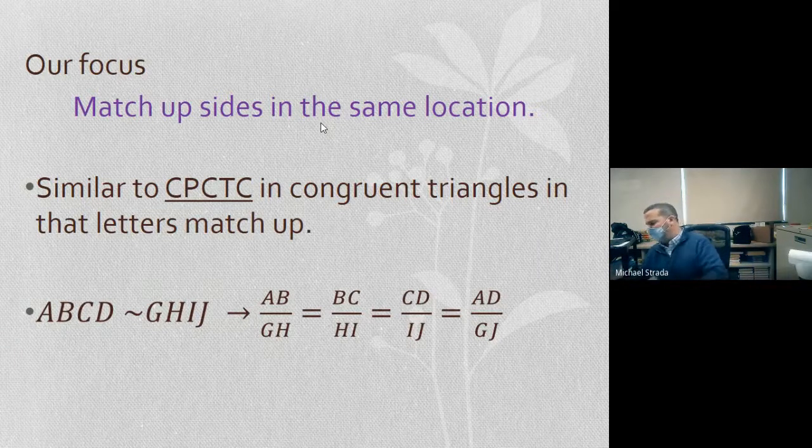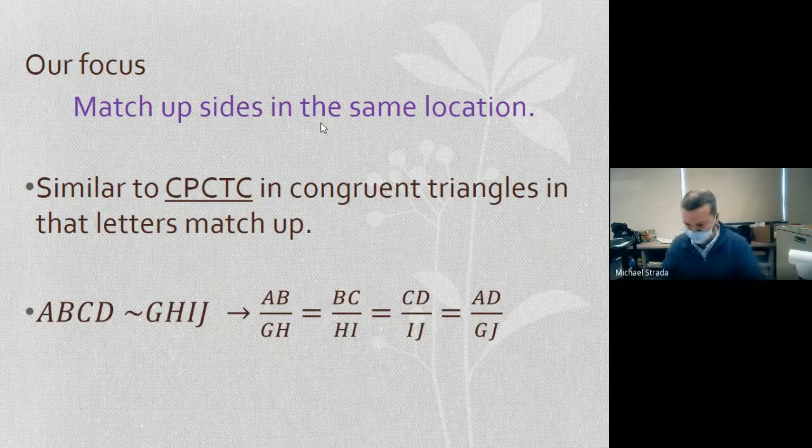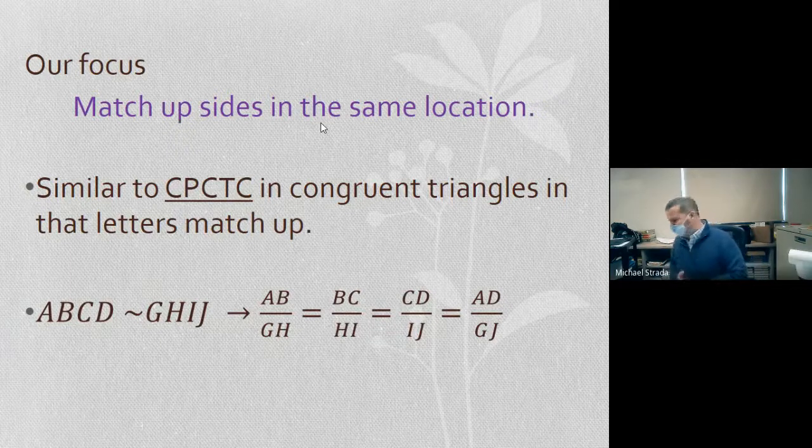And then using what you did last week, when you reviewed ratios and proportions, we're going to find side lengths. So part of this unit is going to be more computational. There are some proofs, which we will begin discussing maybe tomorrow, maybe on Wednesday. Everybody got it?